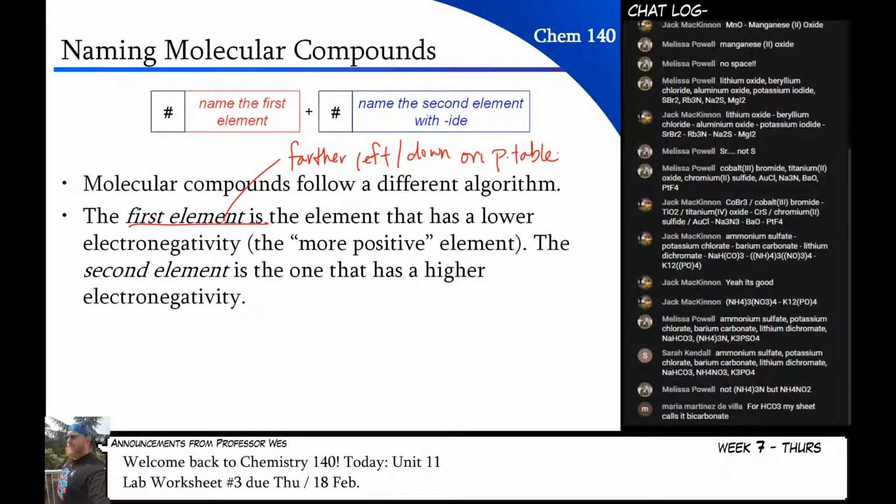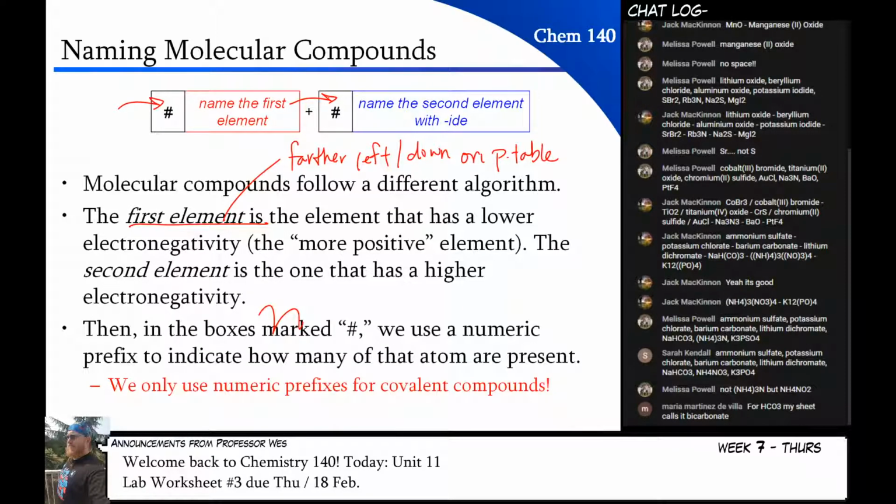But you'll notice that I have these extra little boxes here. Where'd my cursor go? There it is. These boxes are used to indicate how many of each element are present by writing a numeric prefix. Very, very crucial. You only use numeric prefixes for covalent compounds.